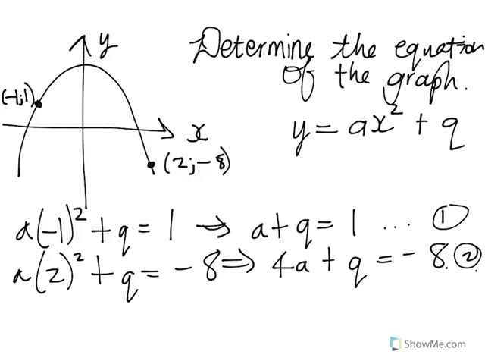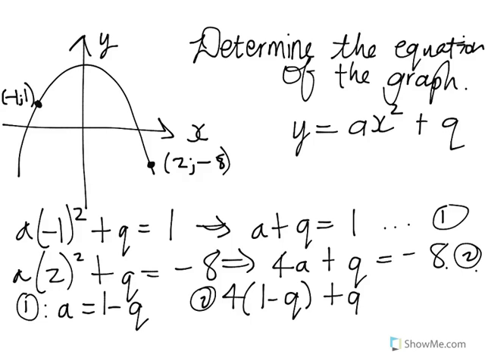And so I would say, okay, take one and express some variable in terms of the other. So maybe a is equal to 1 minus q, and put that into 2. So 2 would become 4 times 1 minus q plus q is equal to -8.